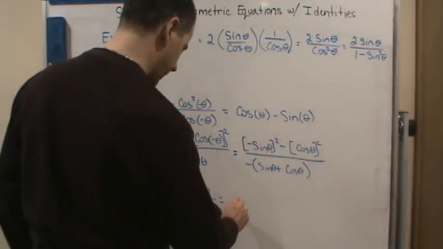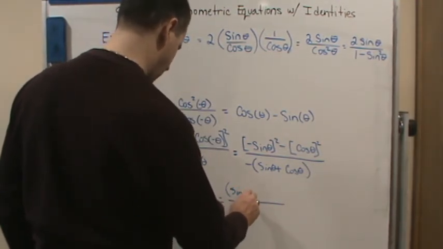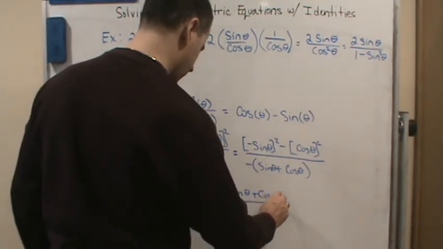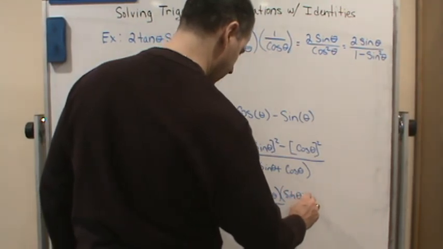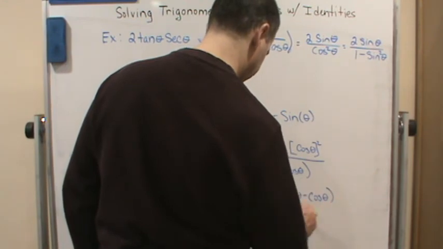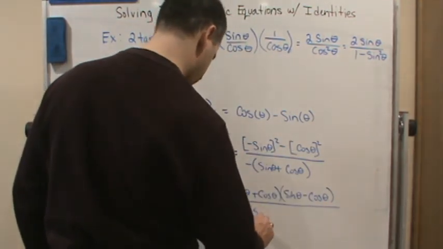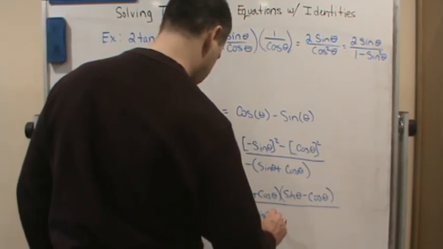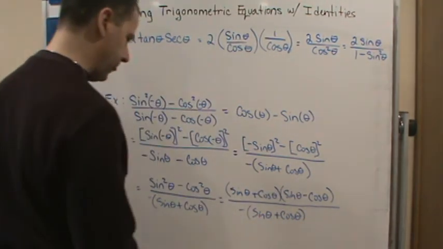And so what do we get? We get sine theta plus cosine theta times sine theta minus cosine theta all over negative sine theta plus cosine theta, and there we have it.